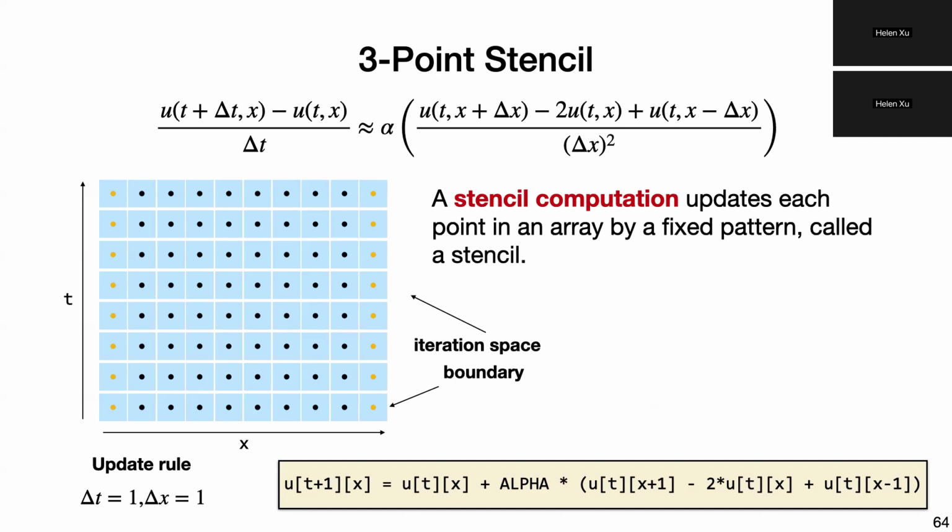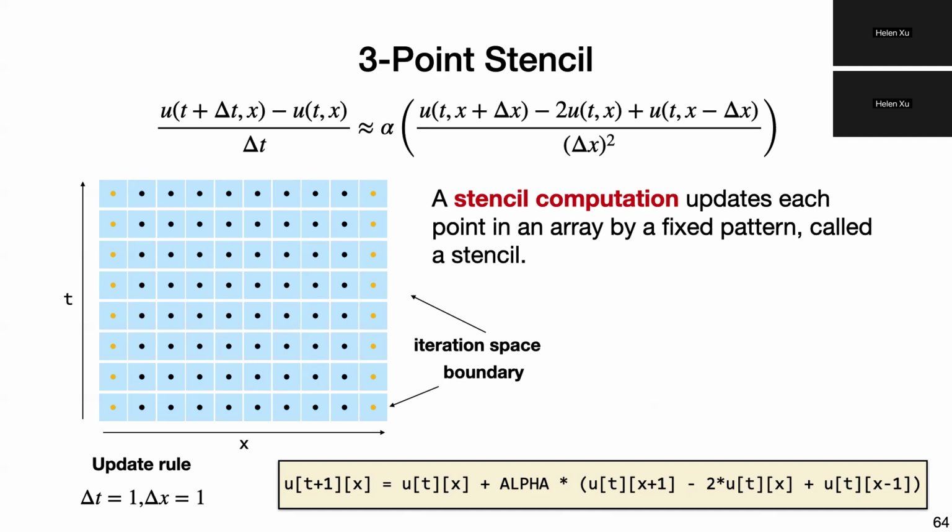Here we have 3 points because it's one to the right, center, and one to the left. But in scientific computing, sometimes you can get more than 20 points, something like that. But they all follow this high-level pattern, which is that you have some spatial grid, a 2D grid, 3D grid, whatever it is, and you have a time dimension.